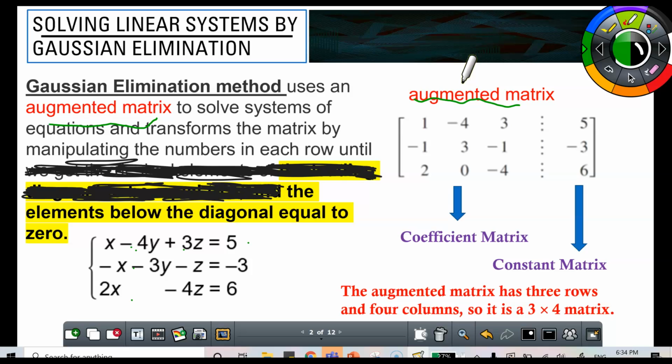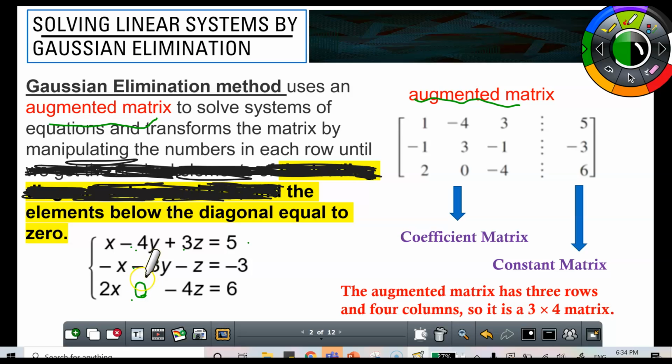Okay? So first check your 3 equations. Make sure you have the same order: X first column, Y second column, Z third column. If you have a missing variable, you put a 0 there to take the place of that variable.